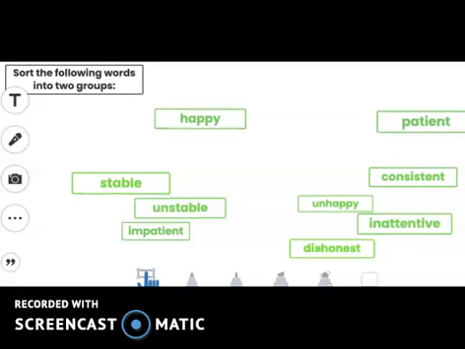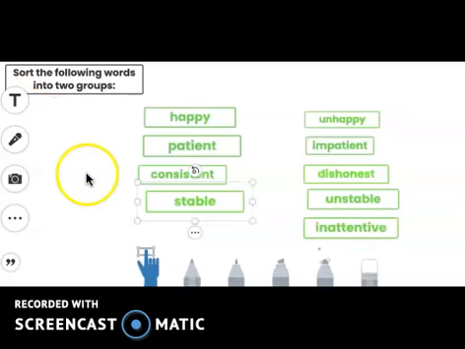Now if I look at happy, I see here unhappy. Well, those two are opposites. So maybe I'll decide to look at opposite type character qualities. I'm going to go ahead and do the sort. But this is the kind of thing that the kids would have to think about: how do these words work? How are they similar? How are they different?